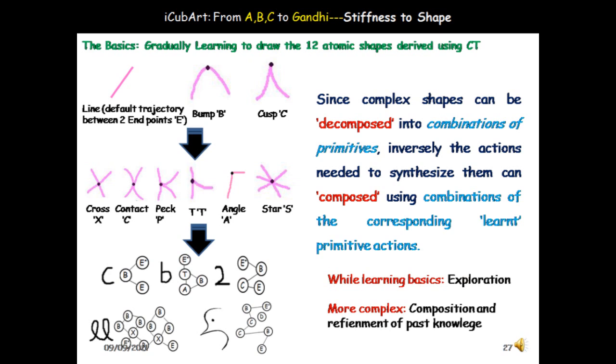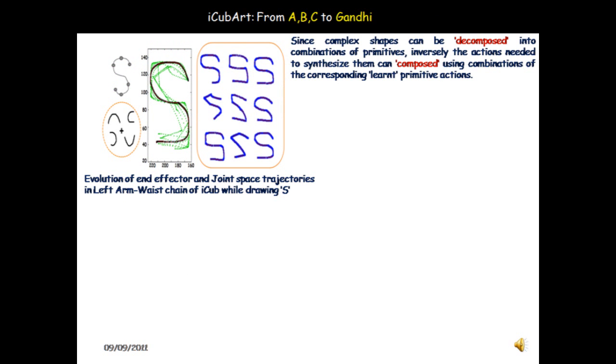And while you are trying to generate more complex trajectories or shapes, composition and refinement of past knowledge is more important because you already have the seeds in place. All you have to do is a little bit of fine tuning to generate the right smoothness when you transit from one critical point to another. This can be seen in an example of S.